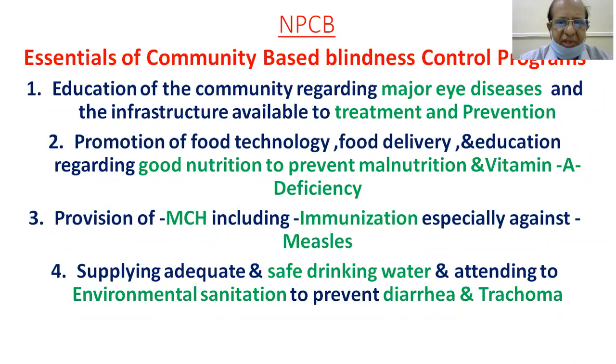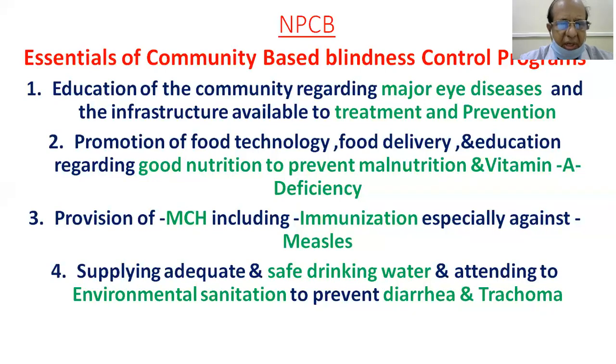Then MCH, including immunization, especially against measles, because measles causes vitamin A deficiency and other problems. Supplying adequate and safe drinking water and attending to environmental sanitation to prevent diarrhea and trachoma.